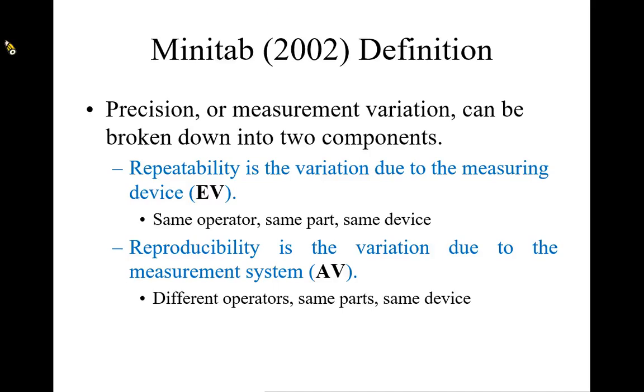According to the definition of Minitab in 2K2, EV, aka repeatability, means the variation due to the measurement device. AV, aka reproducibility, is the variation due to the measurement system.